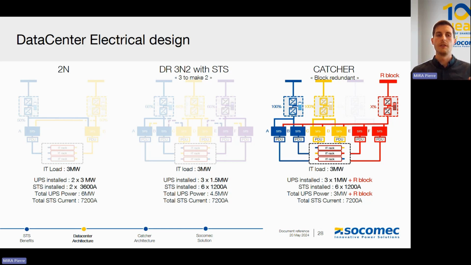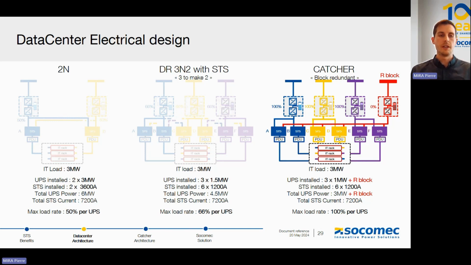With one architecture, we can probably save some money on the UPS, but we have to spend more money on the efficiency of the architecture. We can save some money on the cabling and on the breakers, depending on the architecture. And then it depends on the level of resiliency that we want to have from the IT level.